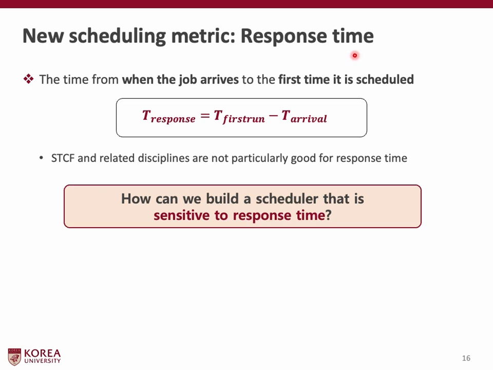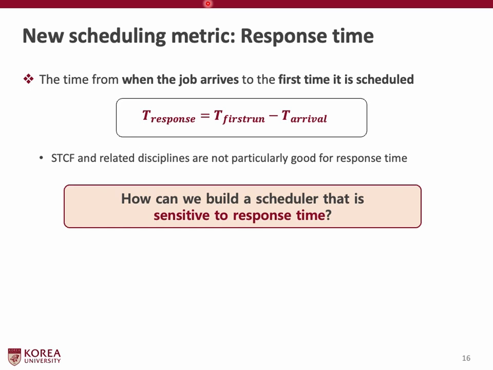Response time is defined as the time between when a job arrives and when it gets scheduled on the CPU for the first time. And here's the formula. Response time can be calculated as the time of the first CPU execution minus the arrival time.